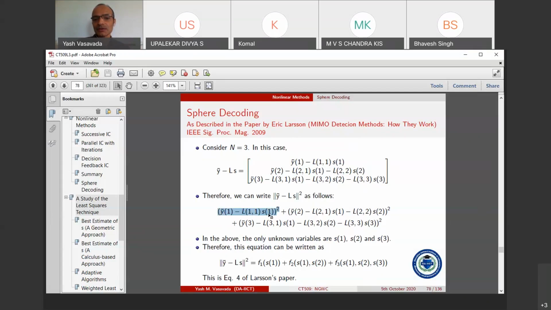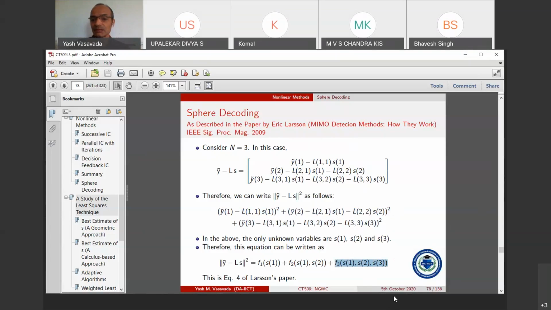The only unknown in the first term is S1. That is what Larsson is calling F1 of S1. The second term is a function of S1 and S2. That is what he is calling F2. The third term has all the three symbols. And that is F3 of S1, S2, S3.